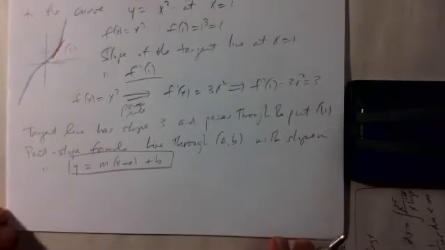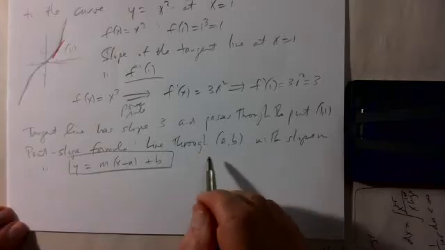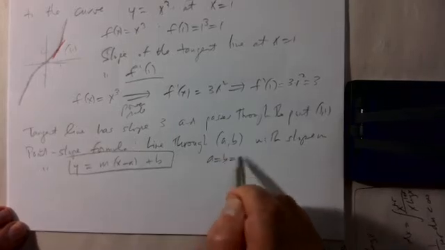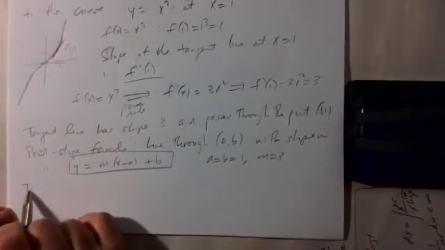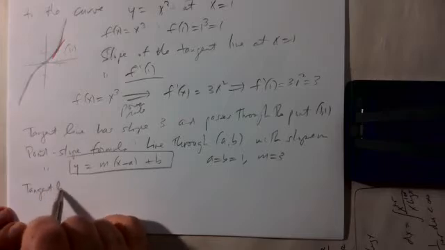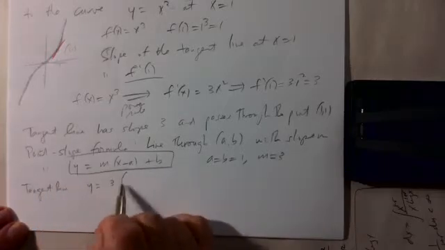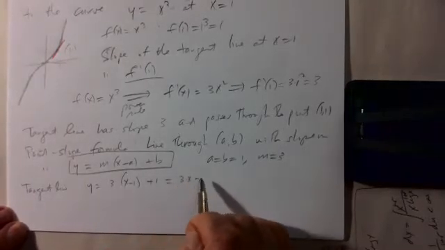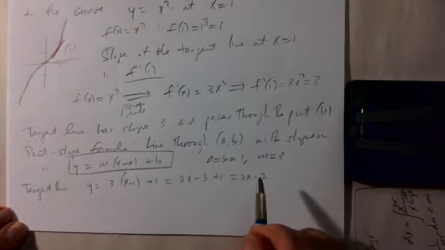So this formula we use constantly. Okay? And in our case, the point a, b is 1, 1. So a equals b equals 1, and the slope is 3. So the tangent line is y equals 3 times x minus 1 plus 1, which is 3x minus 3 plus 1, is 3x minus 2.